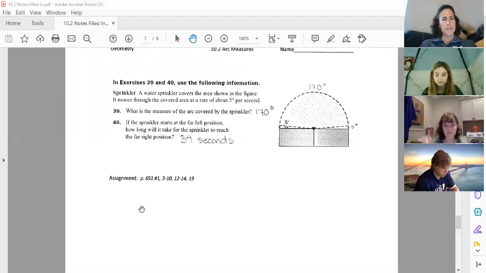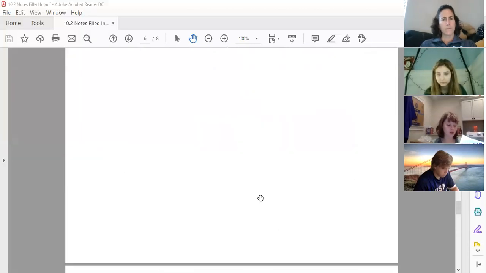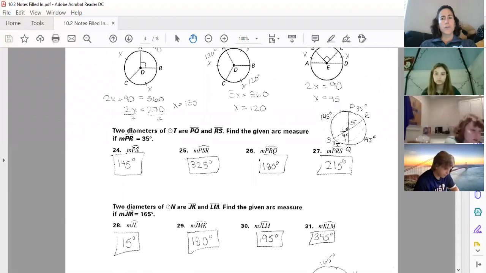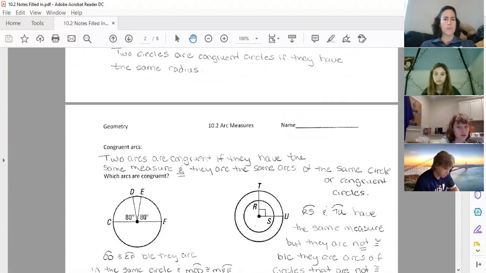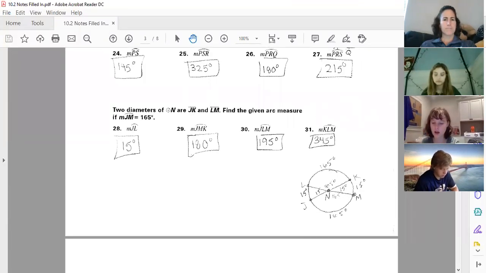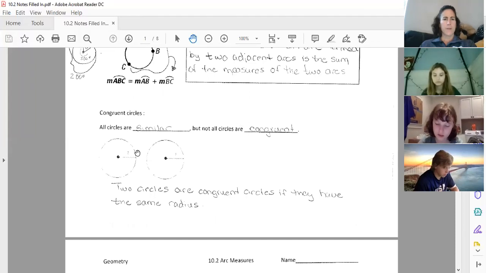Ms. Witcher, I have a question for congruent circles. All circles are blank, but not all circles are blank. All circles are similar, but not all circles are congruent. Yeah. All circles are similar because, remember, similar means the ratio of the radii will always be the same, because they only have one measure that we really look at, which is the radius.